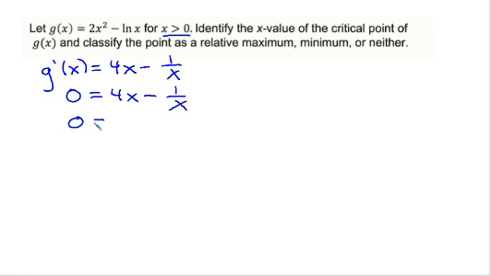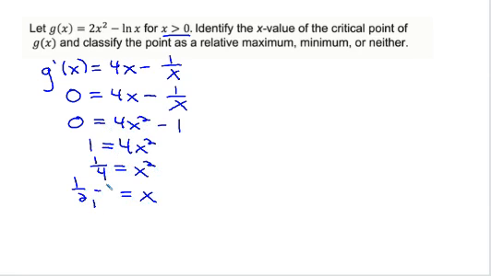So now I have 0 equals 4x squared minus 1. So 4x squared equals 1, and x squared equals 1/4. So my critical points are positive 1/2 and negative 1/2. But we can eliminate the negative one because we're only working with the x's greater than 0.